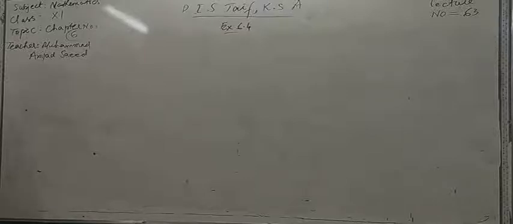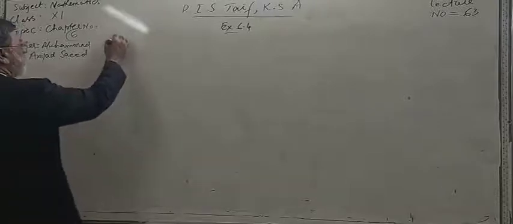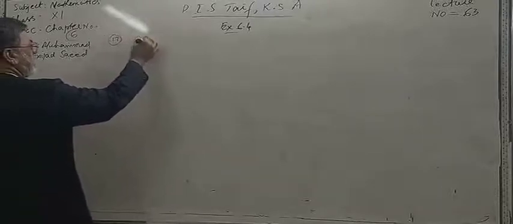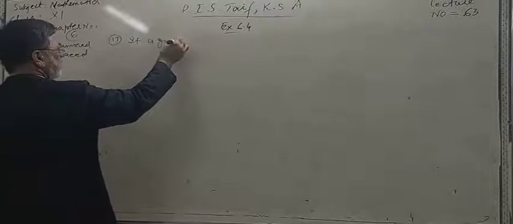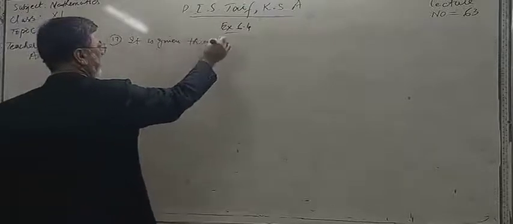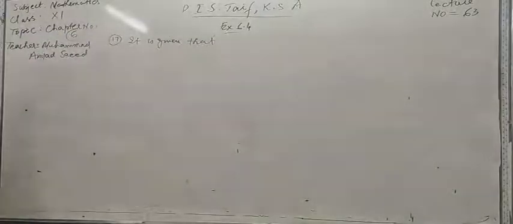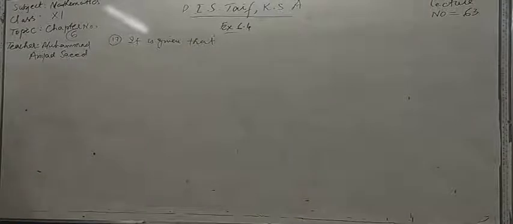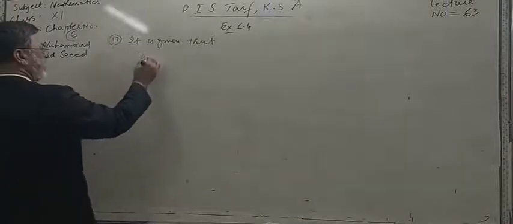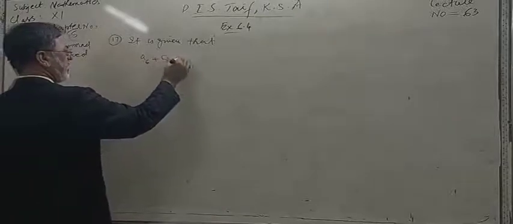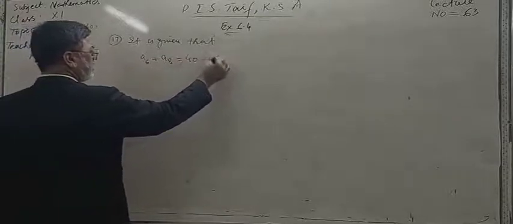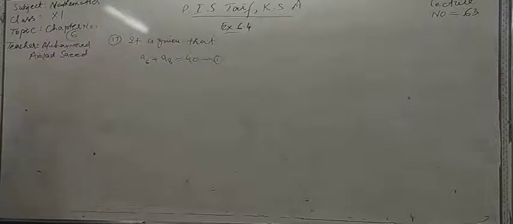Sum of 6th and 8th terms of AP is 40. It is given that the sum of the 6th and 8th terms, A6 plus A8, is equal to 40. This is number 1.